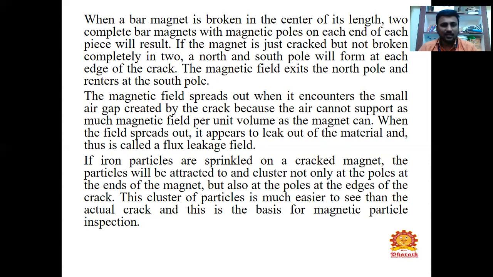So the flux leakage field is what we need to find out. When the field spreads out, it appears to leak out of the material, and it's called the flux leakage field. If iron particles are sprinkled on a cracked magnet, the particles will be attracted to and clustered not only at the poles at the ends of the magnet, but also at the poles at the edge of the crack.